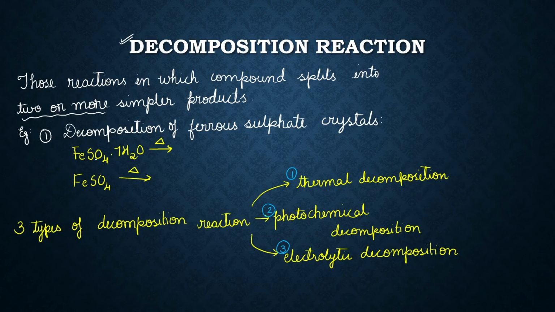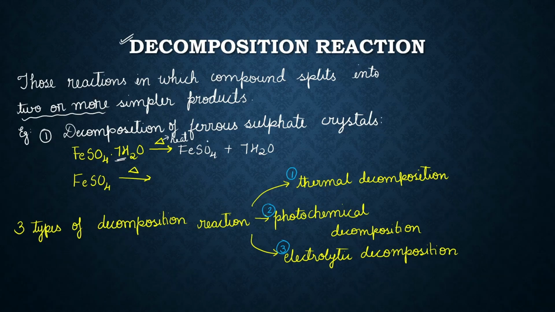Like say here, I have got ferrous sulfate crystals. It has got 7 molecules of water of crystallization. We'll study this in the later classes. So when you heat, this triangle is the symbol for heat, it gives us FeSO4 plus 7 molecules of water. It loses its water of crystallization.